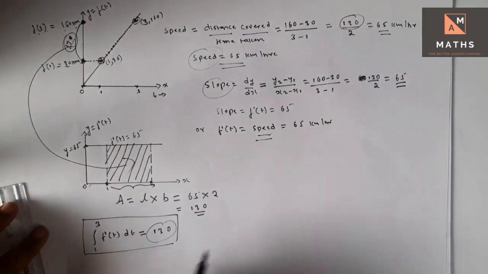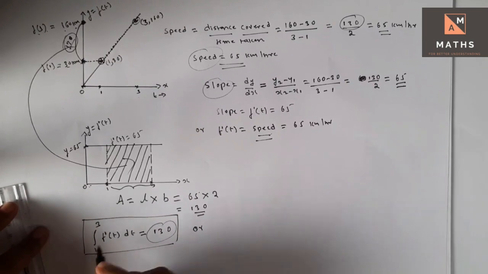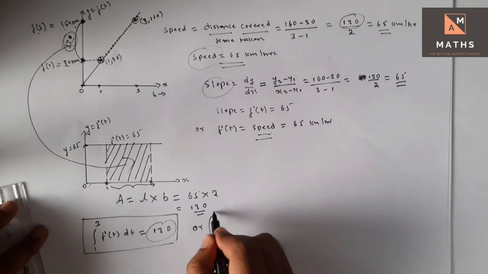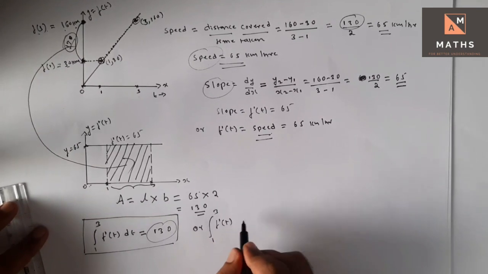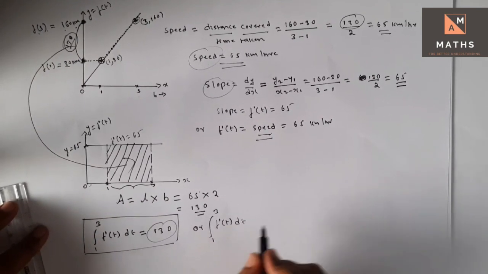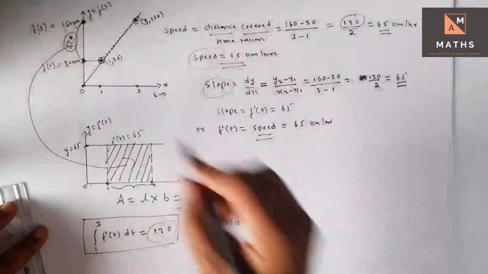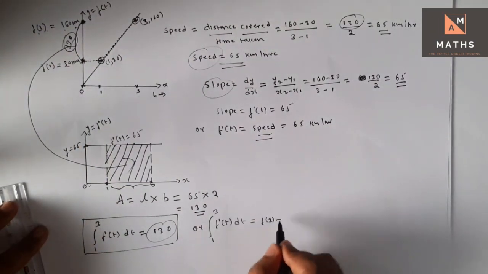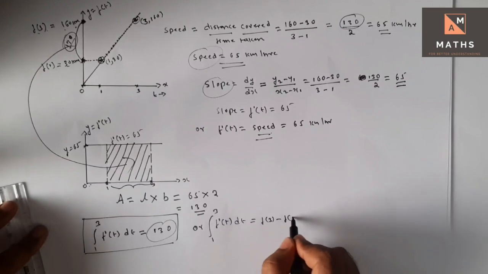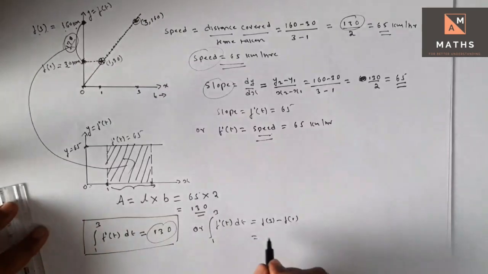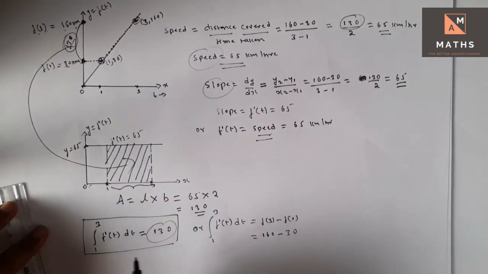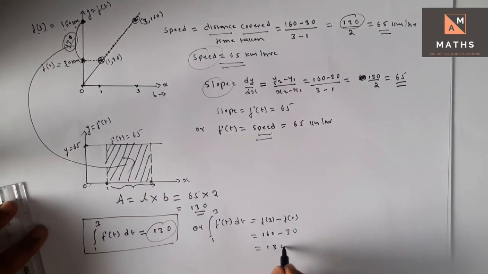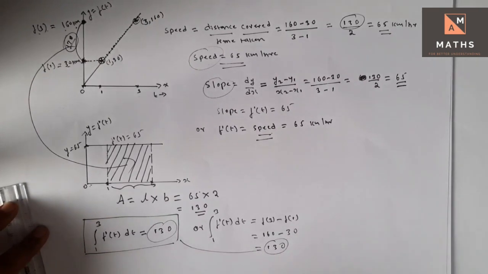So we can write this as integration from 1 to 3 of f dash of t dt is equal to, final position is f of 3 minus f of 1. Here f of 3 value is 160 minus f of 1 is 30. So this is equal to 130. See, both the answers are the same.